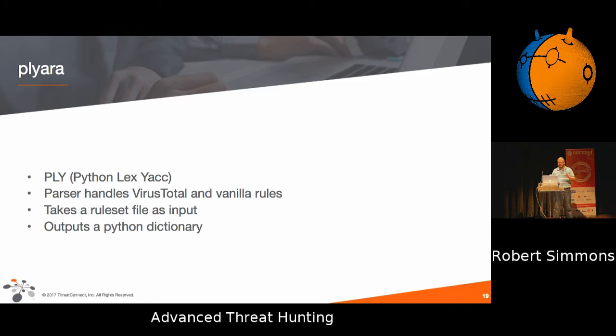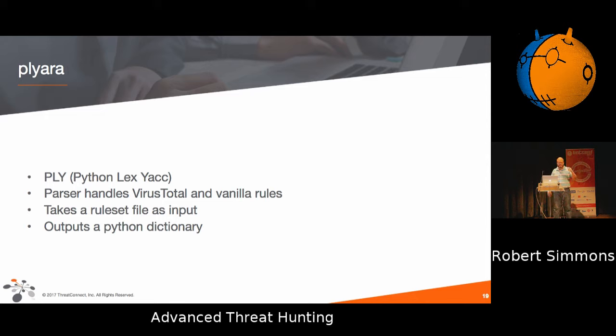But I want to pause here and say that one of the tools that I've been using recently, I found this sort of semi-abandoned library called Plyara, and it uses Ply, which is David Beazley's Python Lex Yacc. So it's Lex and Yacc implemented using Python, and so this uses Ply to parse VirusTotal, not just VirusTotal, but any Yara rule format.